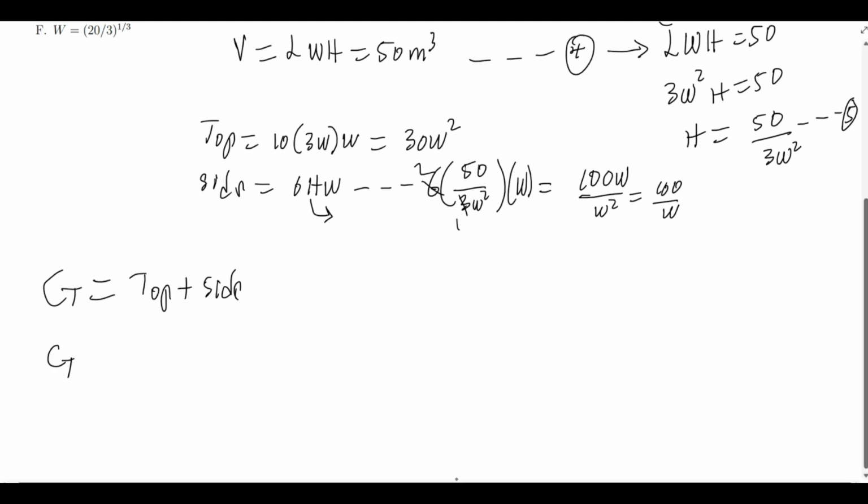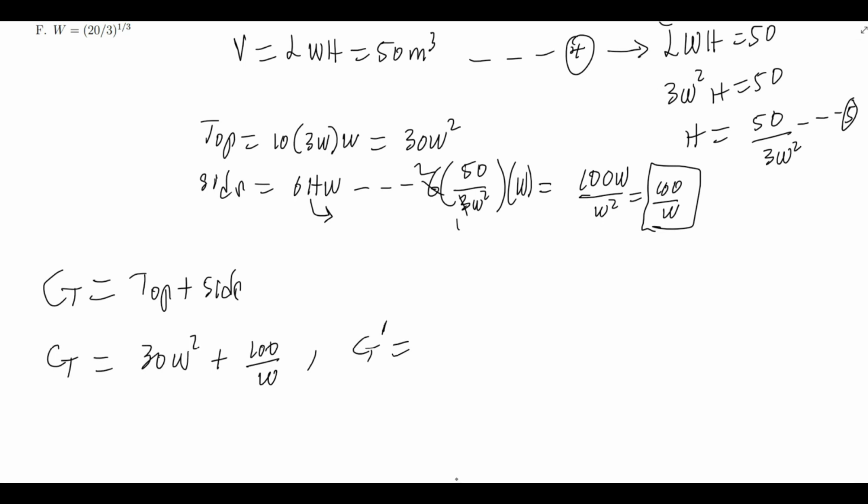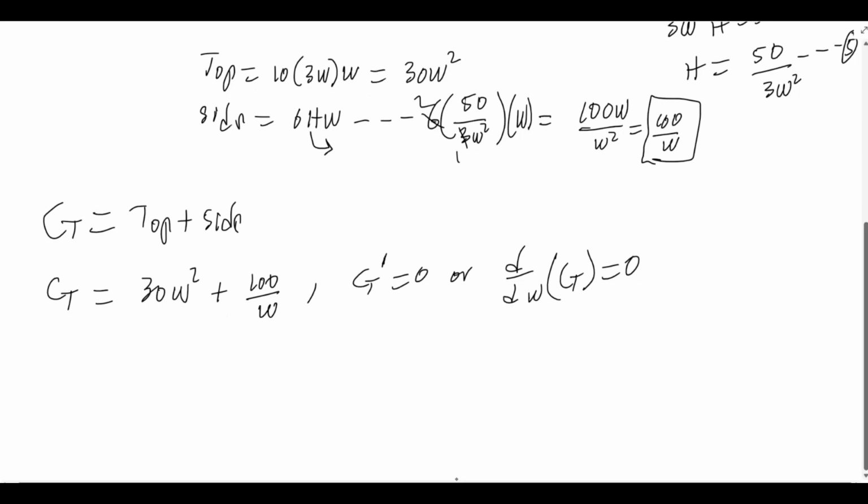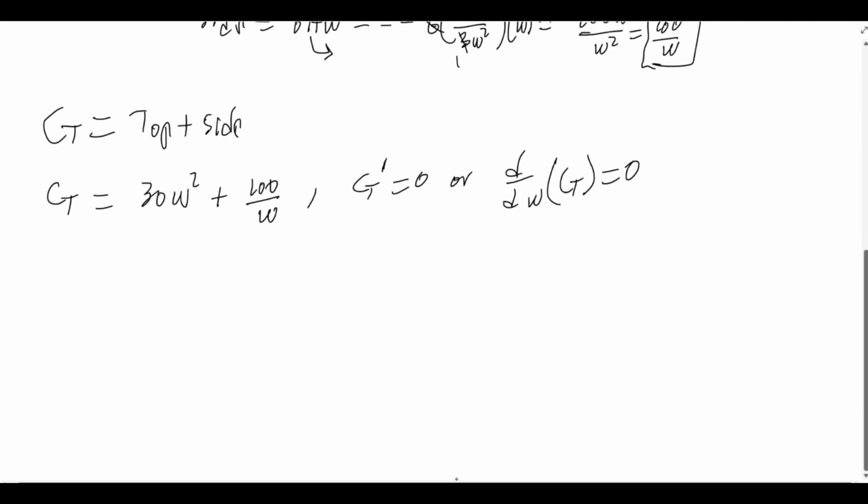And how can we get that? The cost for the top in terms of W will be 30 width squared, and the side in terms of W will be 100 all over W. Now to minimize the cost, the derivative with respect to W of CT will be equal to 0. So we simply differentiate this function.